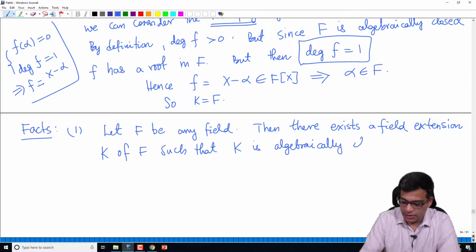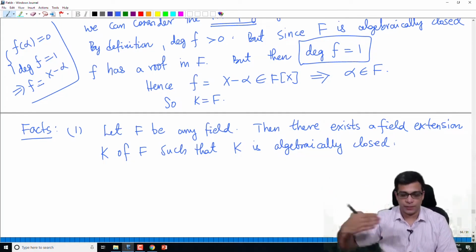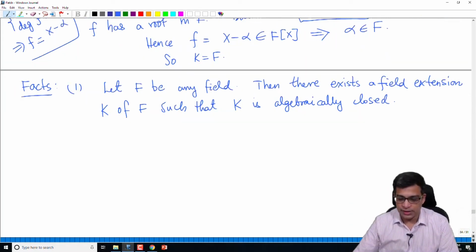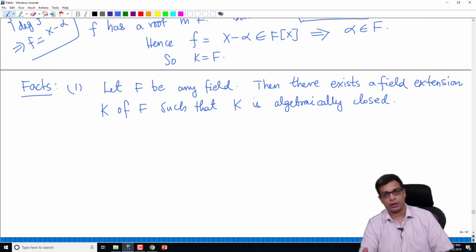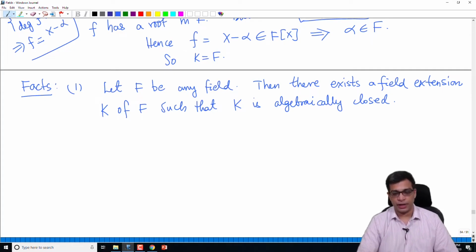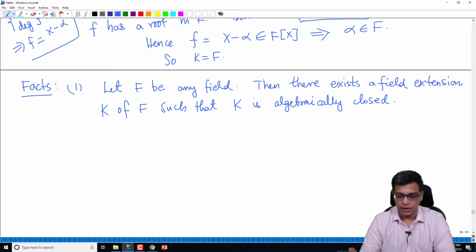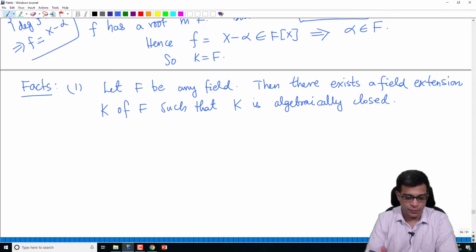So this fact says that every field sits inside an algebraically closed field. This is a construction that's not difficult. It requires some Zorn's lemma, that argument we have used in showing that there exists a maximal ideal in every ring, but it can be done. I do not have time to do this, but it's a fact that every field sits inside a big field which is algebraically closed. We can use this if needed in exercises.